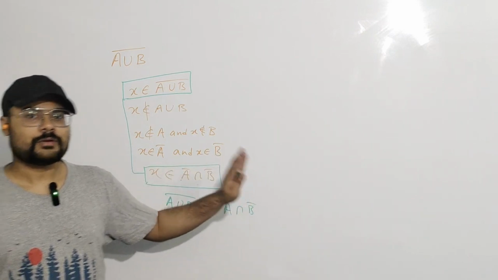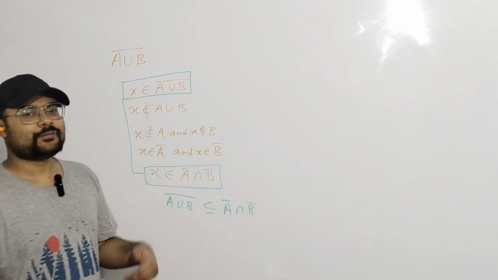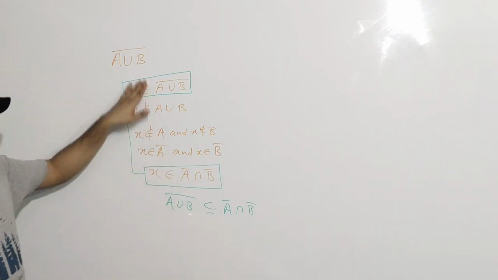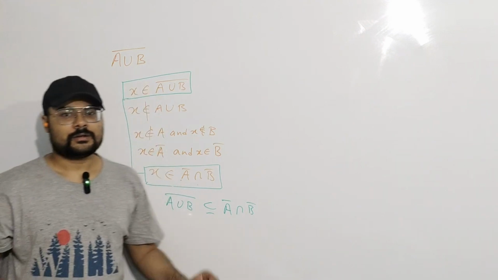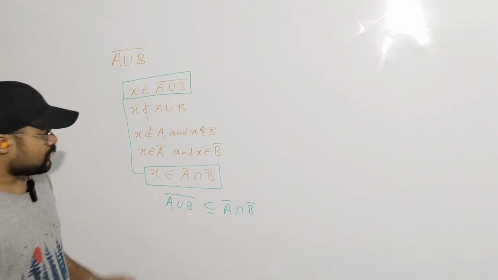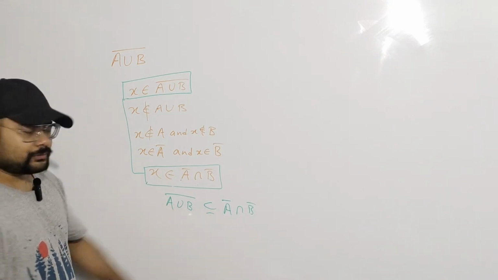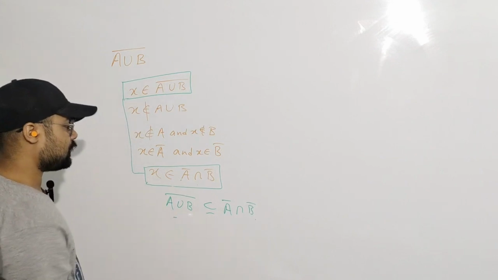So in the video it was justified, but I thought that maybe it gives the wrong impression that if you jump directly from here to here, it means they are equal. That's why I thought that I have to make it clear. So now I'm going to prove that this is also a subset of this, and that's why both are equal.